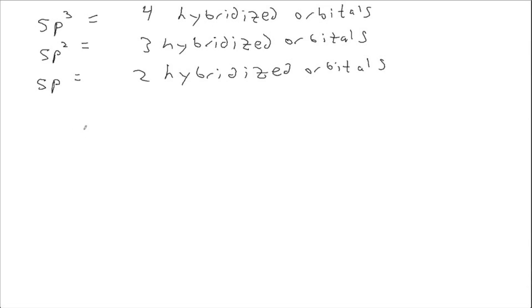Okay, so the next thing we need to do is we need to be able to figure out the hybridization of an atom. So it turns out that for figuring out hybridization, there's a rule for determining hybridization.